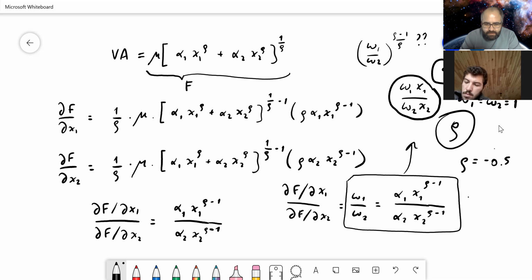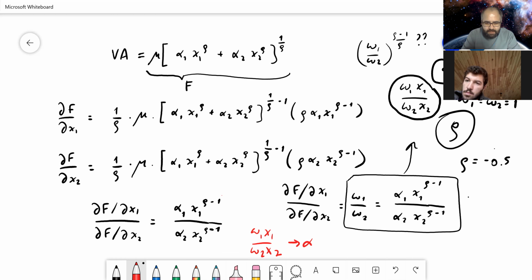But basically, you see here, in the Cobb-Douglas case, remember, you have alpha 1, W1x1, W2x2, and this was directly related with alpha.